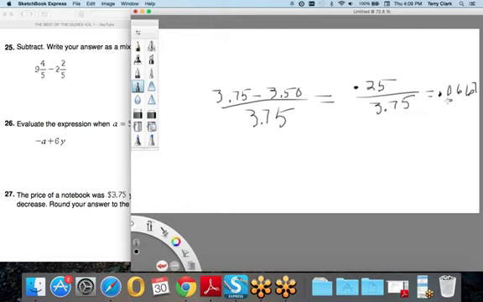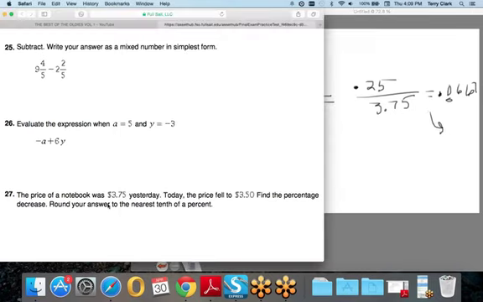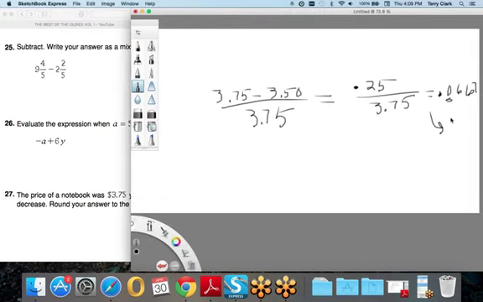So the tenth is right here. We're going to move that 2 places to the right, and that's going to become 6.67%.